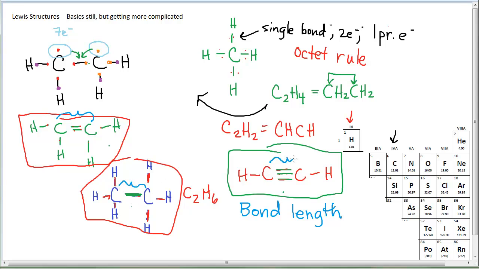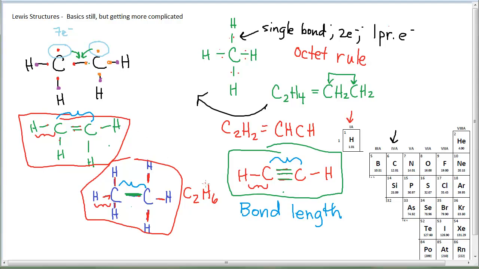If we measure the bond length between the 2 carbons, each of these molecules shows a markedly different bond length, whereas the bond length between the carbons and the hydrogens in each of these molecules is very, very similar. The bond length between the 2 carbons in each of these molecules is very, very different.